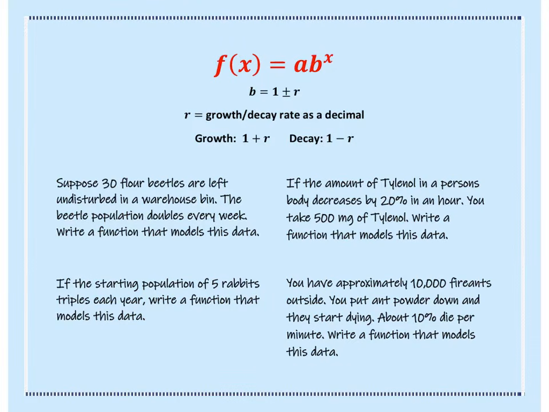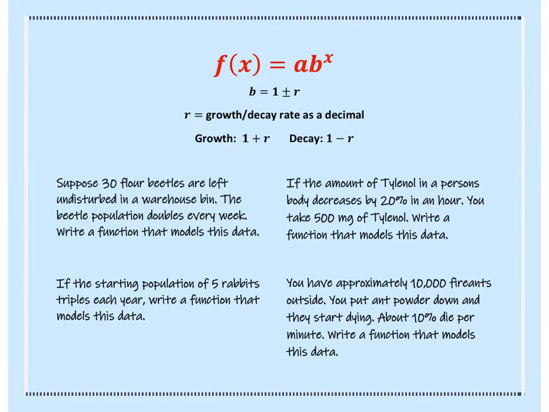So we have to figure out if it's a growth, we're going to do 1 plus the percent, but the percent needs to be converted to a decimal. If it's a decay, it's 1 minus that amount. If I'm telling you something is decaying by 10%, that 10% means it's 1 minus 0.10. That means every hour you check it, it's really 90% of the full value.